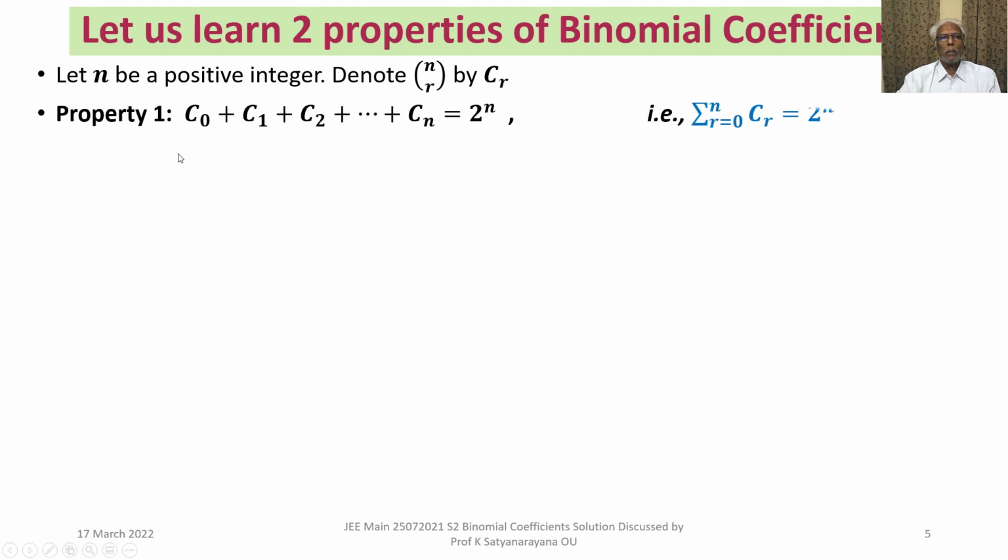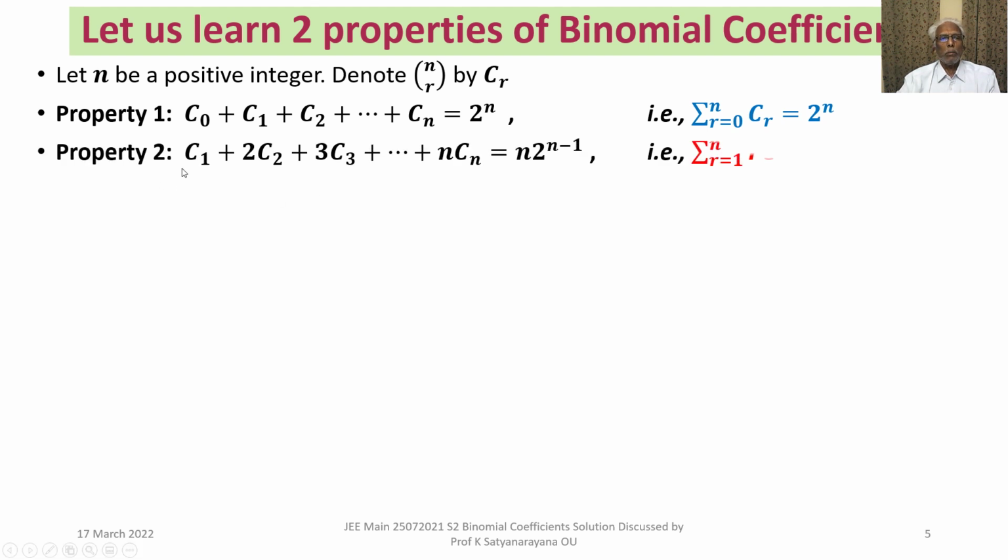Property 1: C0 plus C1 plus C2 plus etc. plus Cn, the sum of the binomial coefficients, is equal to 2 power n. That is, the sum of Cr for r from 0 to n is 2 power n. It is a very important property.